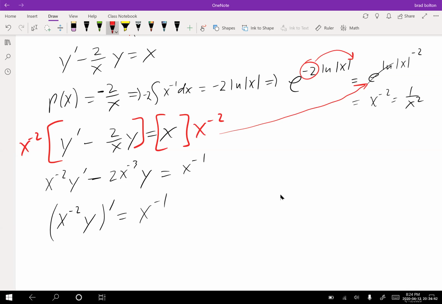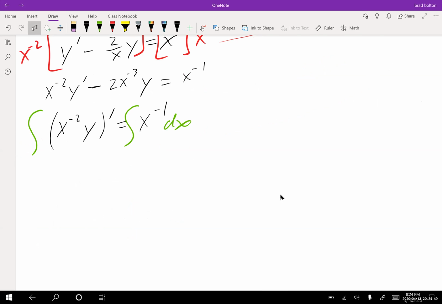Now we integrate both sides. Let's see what we have here. This will just become x to the negative 2 y, and then this will become ln of the absolute value of x plus c. Now we're going to multiply both sides by x squared, or you could divide by x to the negative 2, however you want to see it.